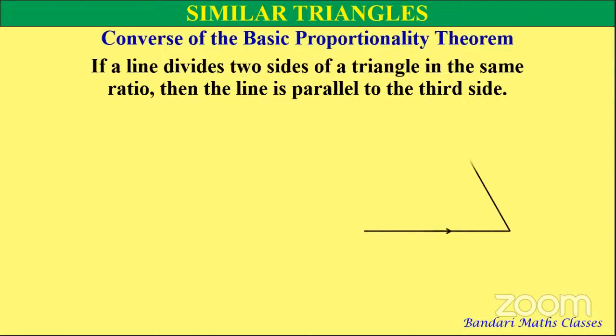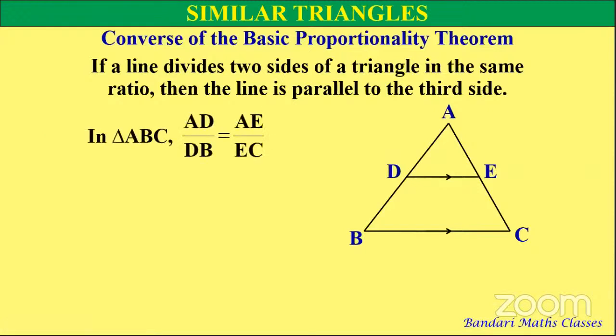So draw the picture, triangle ABC. This line divides the two sides in the same ratio: AD by DB is equal to AE by EC. Then DE is parallel to BC.